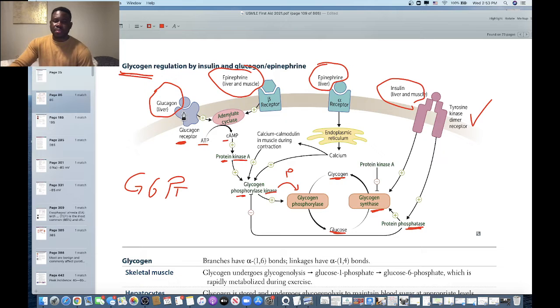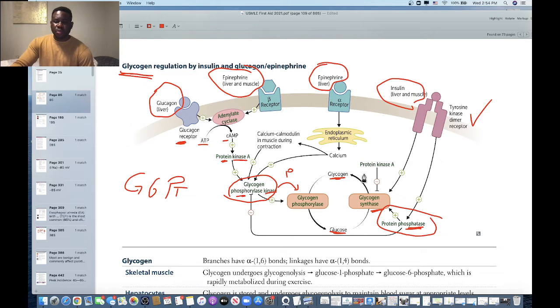But you have to understand this pathway because they love to ask about it. They will always ask about glycogen phosphorylase kinase most of the time. The answer will be glycogen phosphorylase kinase. But here also the answer will be, if it's insulin, it will be protein phosphatase.